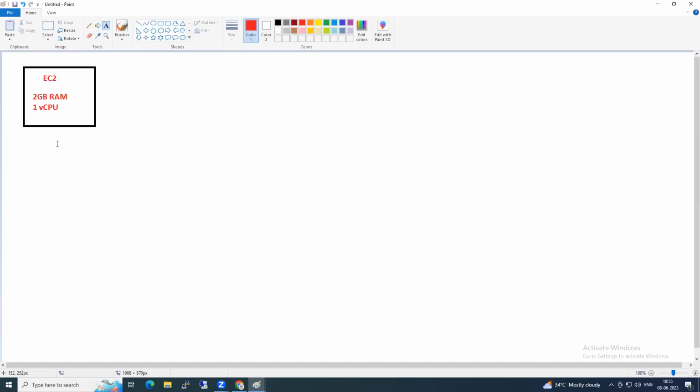So at that time, this EC2 instance will send a suicide letter to the admin, saying: Dear admin, you have set me up yesterday by giving only 2 GB RAM.